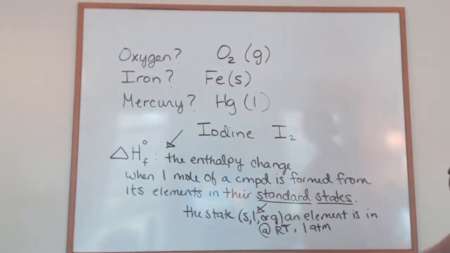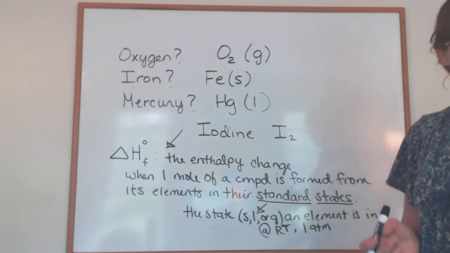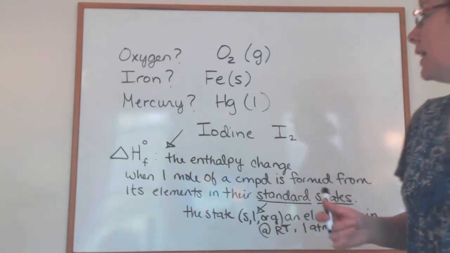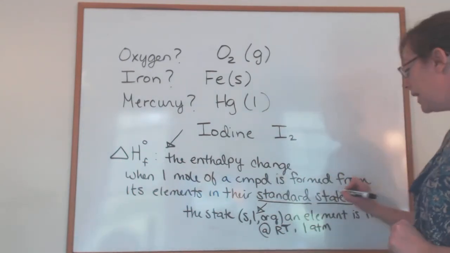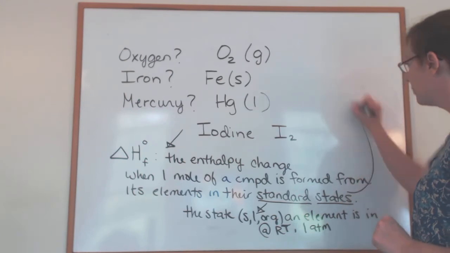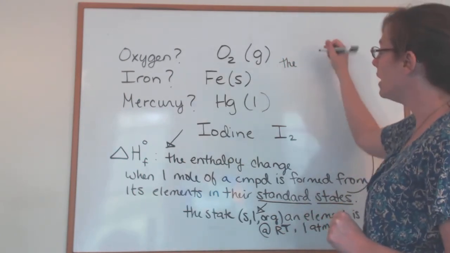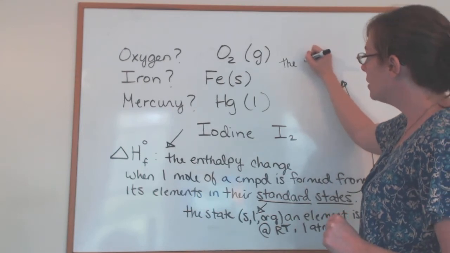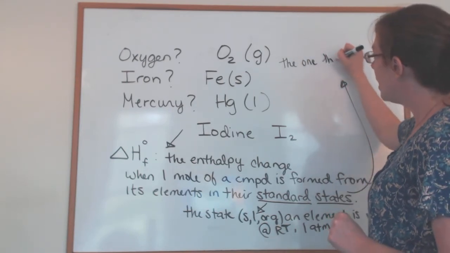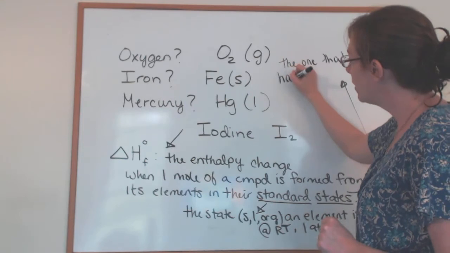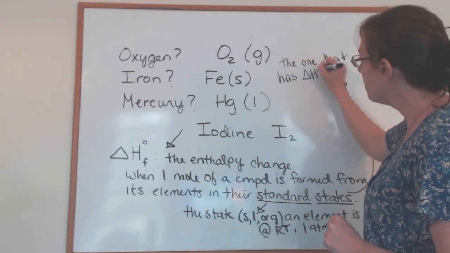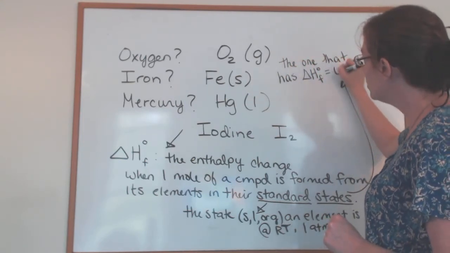So here's the way that you can tell if you don't know what the standard state of an element is. The standard state is going to be the one that has a standard enthalpy of formation equal to 0.